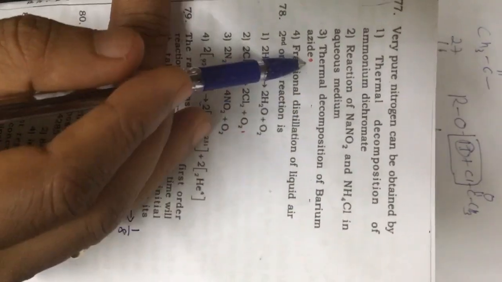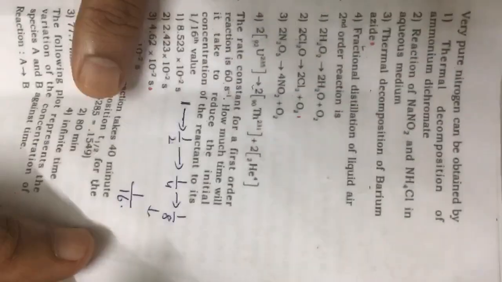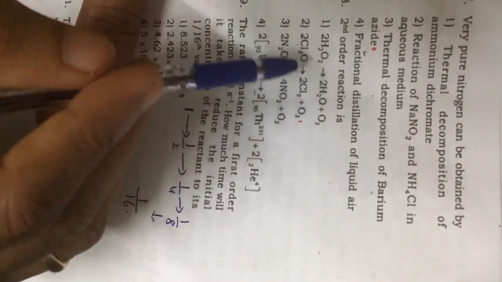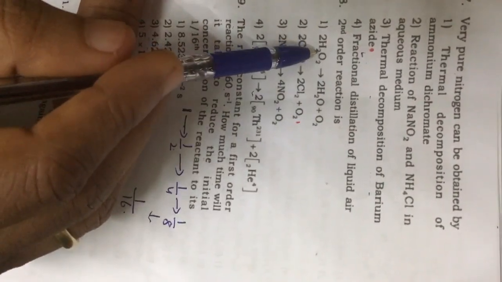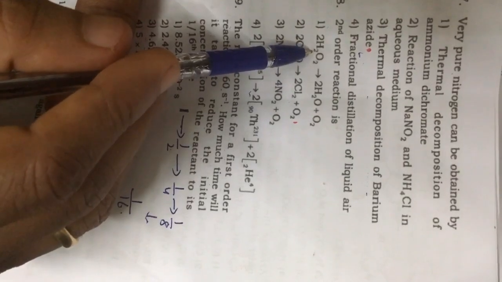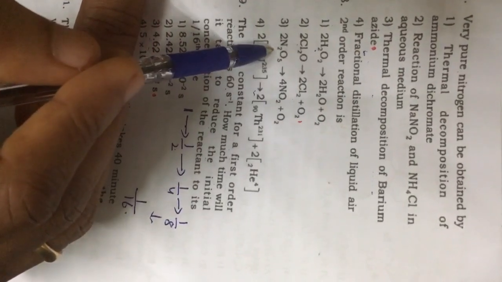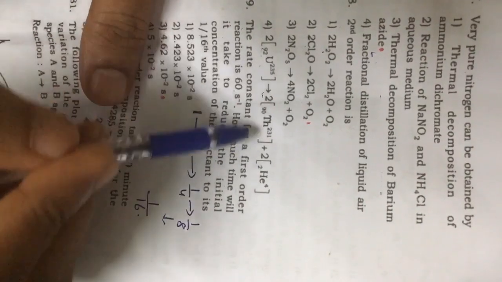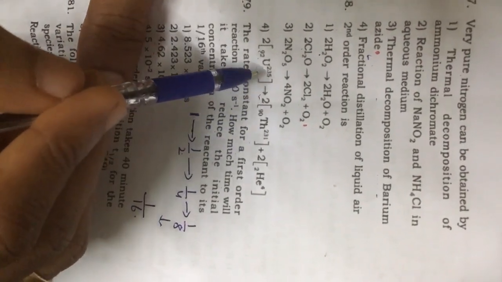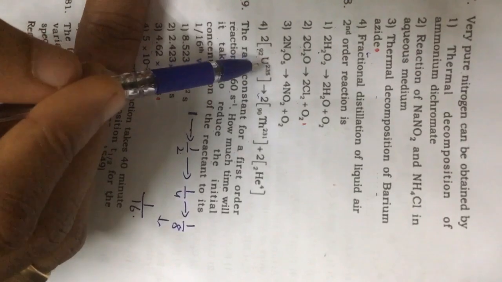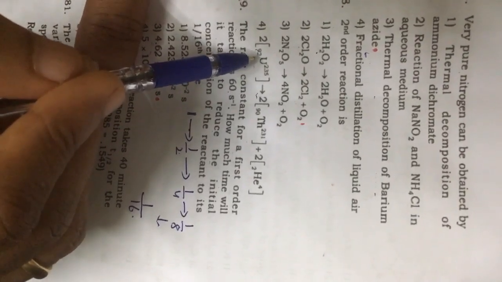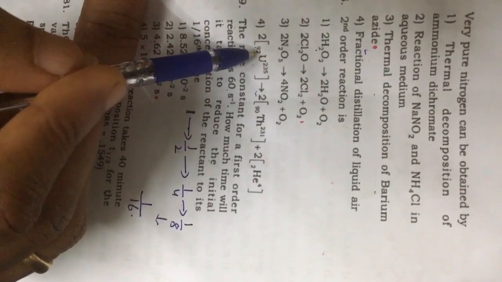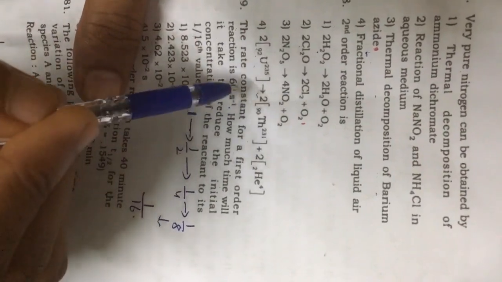Very pure nitrogen can be obtained by thermal decomposition of barium azide or sodium azide, etc. Second order reaction. If you remember, first order reactions are like decomposition of H2O2, decomposition of N2O5, radioactivity, decomposition of NH4NO2, and hydrolysis of sucrose, benzene diazonium chloride, etc. These are all first order reactions.